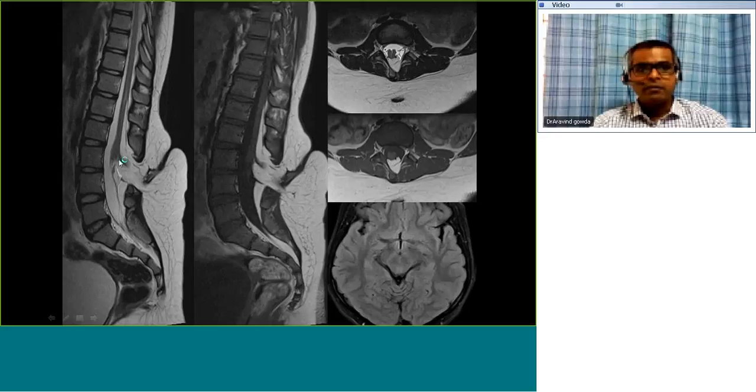As I told, there will be a placode. The placode-lipomatous junction is the one that actually tells you whether it is a lipomyelocele or lipomyeloschisis, and it differentiates from the lipomyelomeningocele.